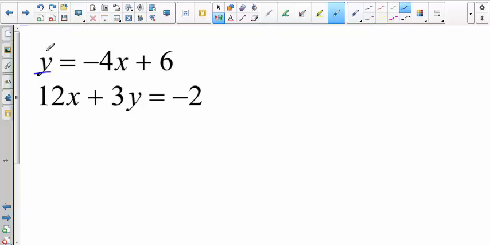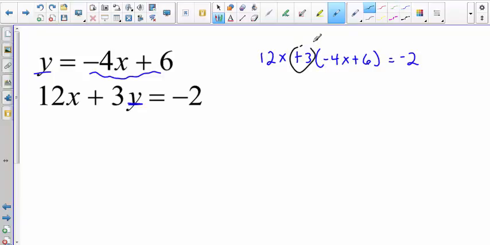So wherever we see y in the other equation, we're going to substitute negative 4x plus 6. So 12x plus 3 times negative 4x plus 6 is equal to negative 2. We will distribute: 12x minus 12x plus 18 equals negative 2.